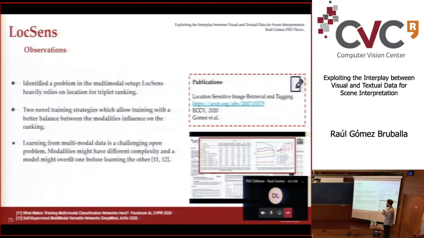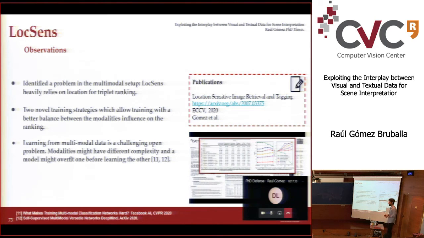Okay, so some observations of this chapter is that the proposed model manages to perform tagging exploiting both modalities. And also we have identified this problem, which is that it relies too much on location for the triplet ranking. And we have proposed two strategies to overcome that problem.